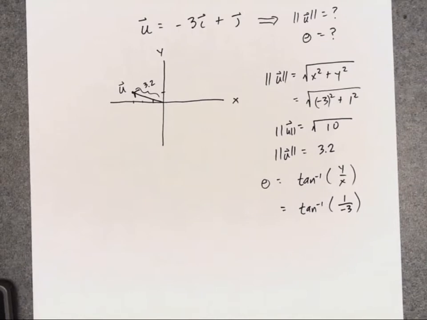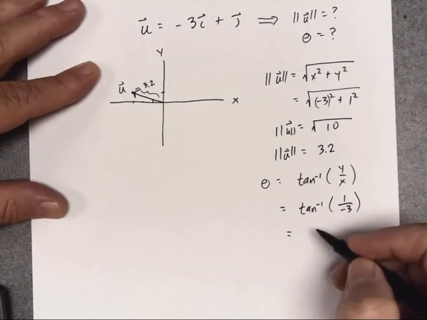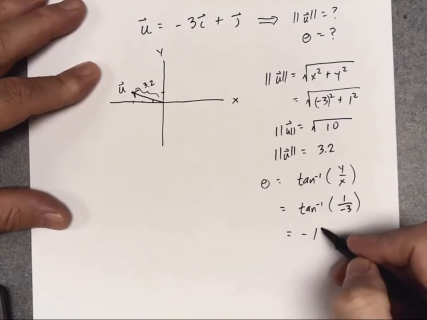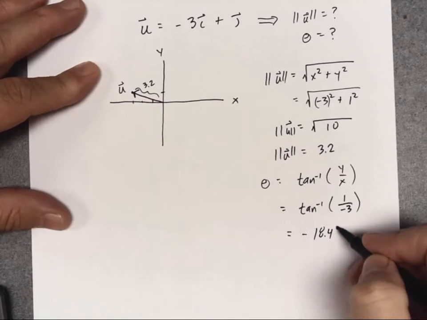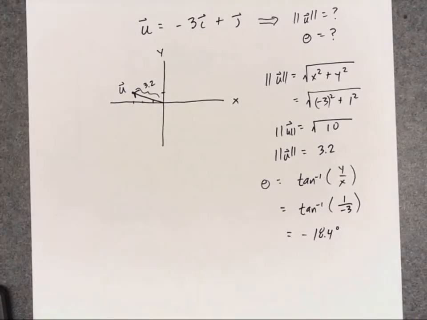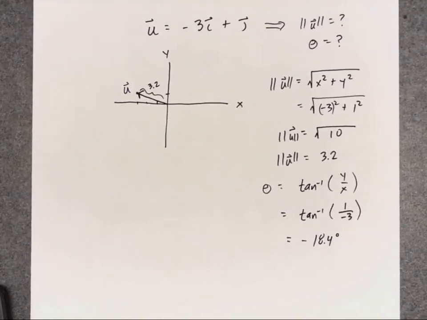So I grab my calculator: 1 divided by negative 3. Then I take the inverse tangent, making sure I'm in degree mode. And here's what you get: negative 18.4 degrees.